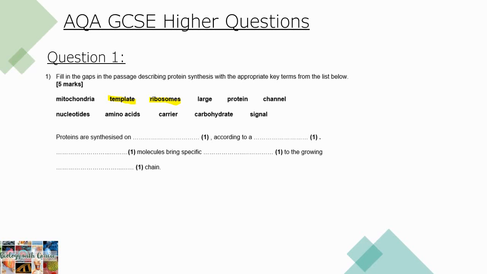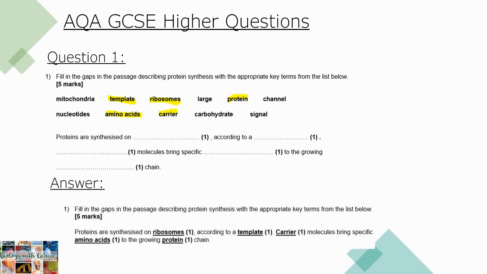We know that in fact carrier molecules bring specific amino acids to the growing protein chain. These carrier molecules have specific amino acids due to the code that they are provided with, and then these amino acids are added to the growing protein chain, which eventually produces our protein. So as we can see, our answers are there.